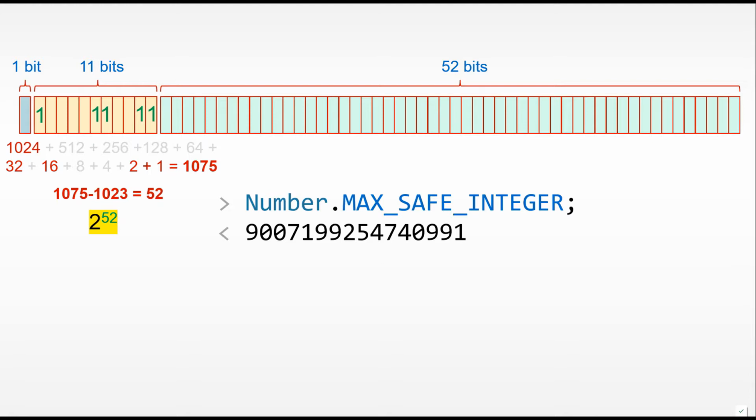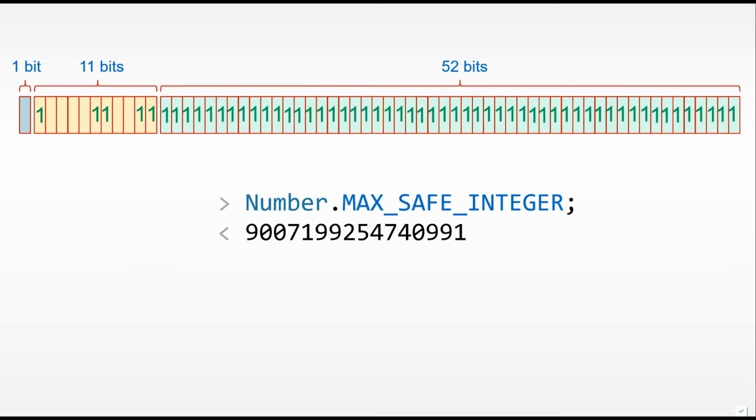So notice the maximum integer number has nothing to do with us running out of exponent space. We can have a lot more exponents than 52. So if we do the rest of the number in bits, we would see what the problem is. Notice all ones. So in fact, the maximum integer number is the place where we run out of significand bits, right? So this is the biggest possible number we can include in a significand.